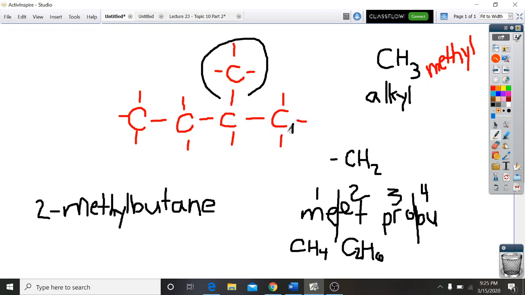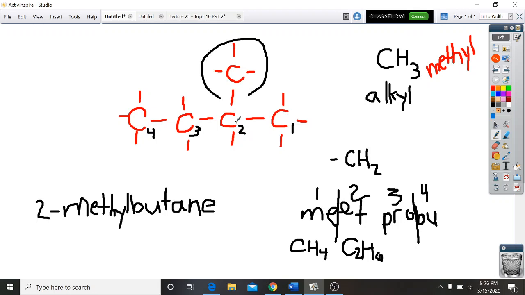Because I chose to name the chain in this direction, or number it in this direction. If I had numbered it starting with number 1 here, 1, 2, 3, 4, then the methyl group would be on what would be the 3rd carbon. But if I number it from 1, 2, 3, 4 instead, then now the methyl group is on the 2nd carbon.